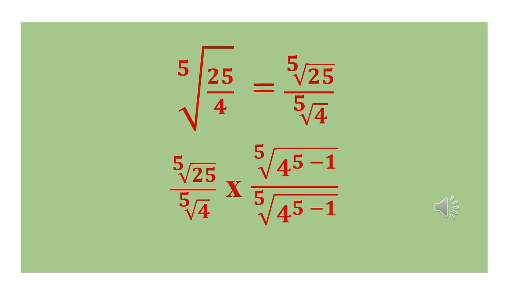It means if we multiply everything there by that 1, we are still going to get the fifth root of 25 over the fifth root of 4. So there is a reason for us to multiply it by the fifth root of 4 raised to power 5 minus 1 over the fifth root of 4 raised to power 5 minus 1.